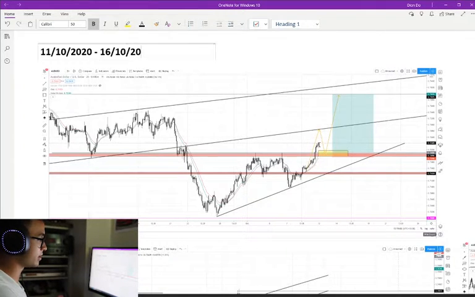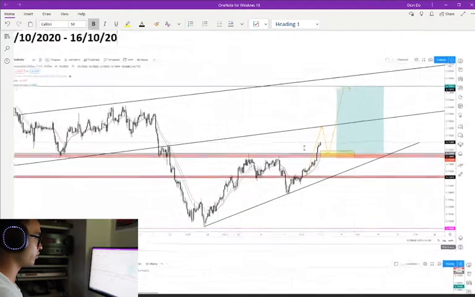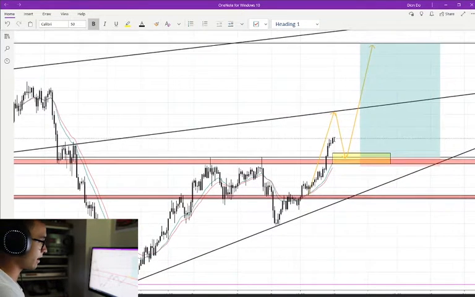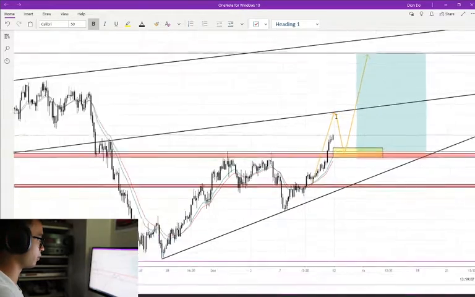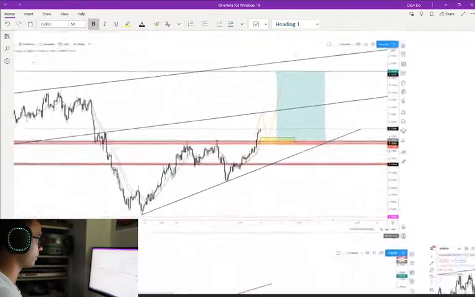So it broke that resistance pretty clearly. Now it can do a few things. I'm expecting that either price could drop from here and retest, it could drop into this area of support, but I think more than likely price is going to continue up to this resistance, which is the bottom of this old trend line we have here.